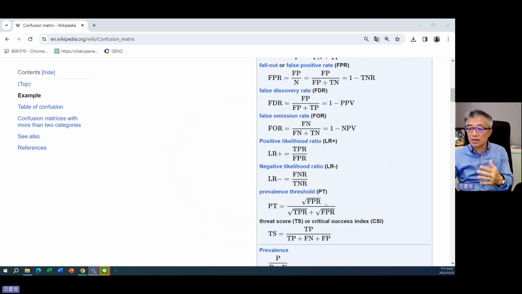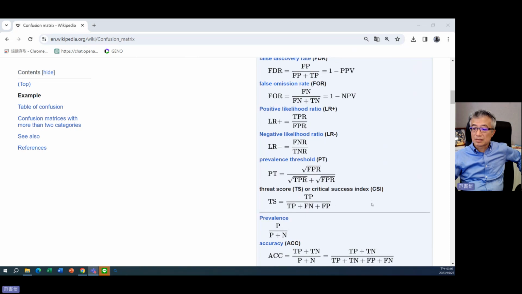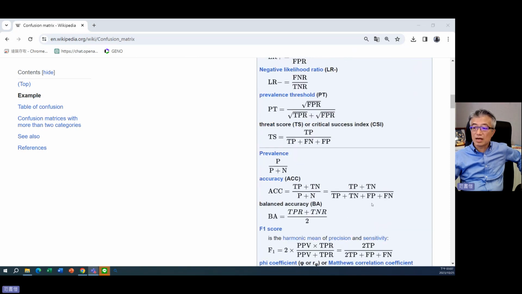Okay, they are related. And the other called the PT ratio, the prevalence threshold. So this takes the square root of FPR, the false positive rate, divided by the square root of TPR plus FPR.